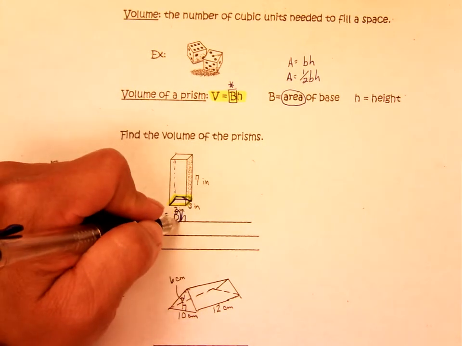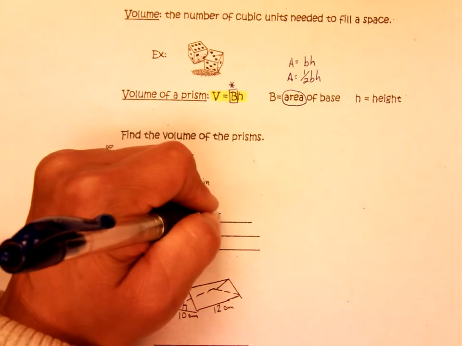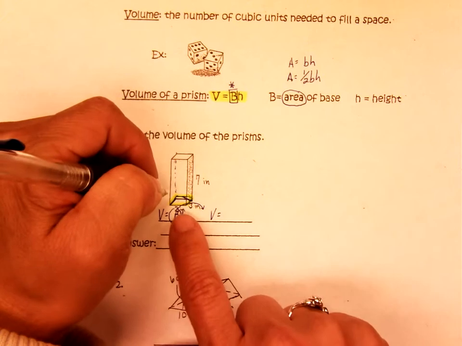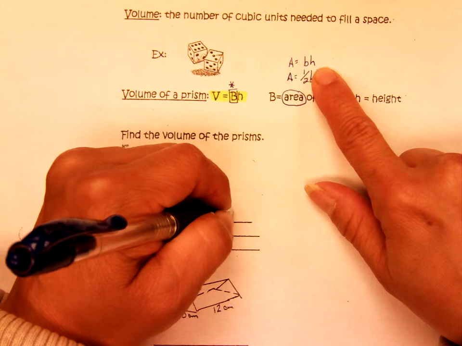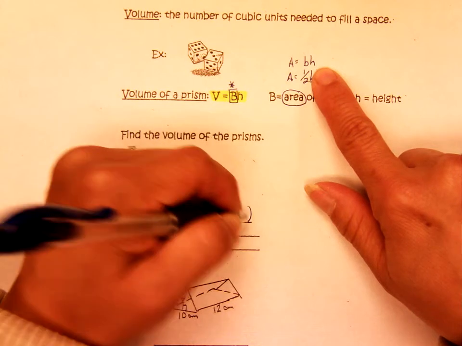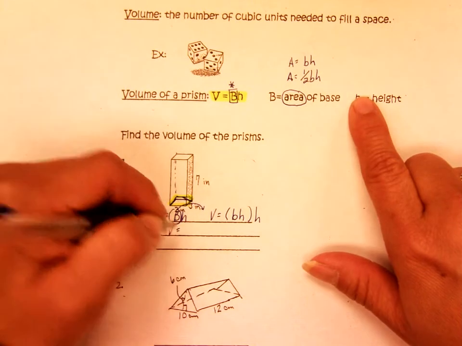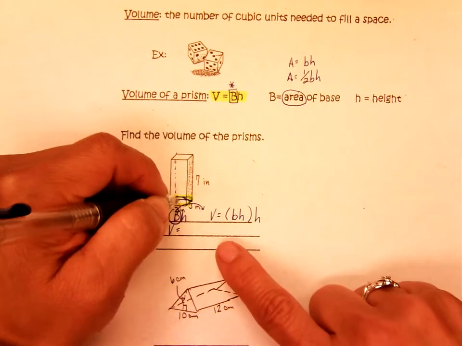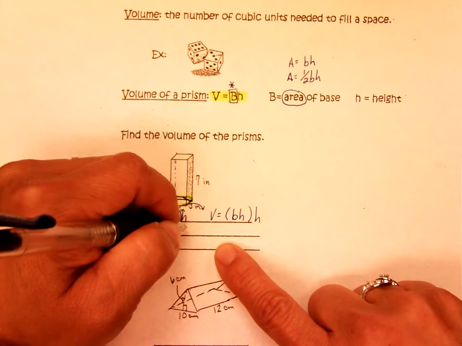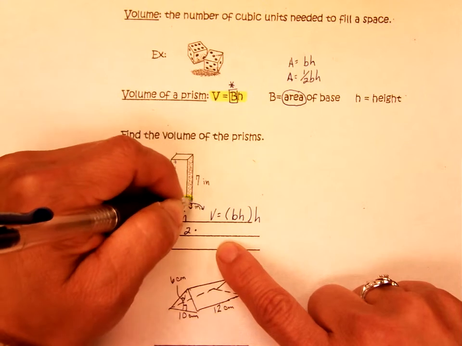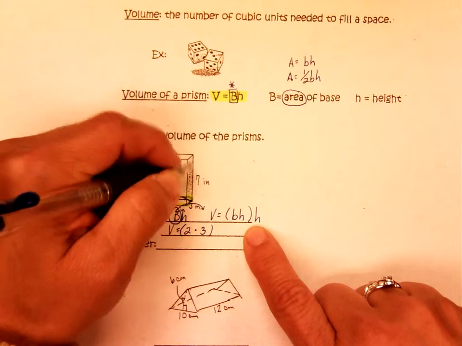Then you have to replace what this capital B stands for. Volume is equal to capital B, and since this is a parallelogram, you would use A is equal to b h. So in parentheses, I'm going to write b h, and then H. So V is equal to the base of this parallelogram, which is 2, times the height of this parallelogram, which is 3, keep that in parentheses, and the height of this prism is 7.